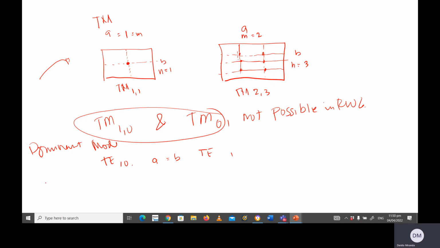Yung mga TE na 4, 3 and TE 3, 4, these are, call it degenerate mode. They call it degenerate mode. Ayan.